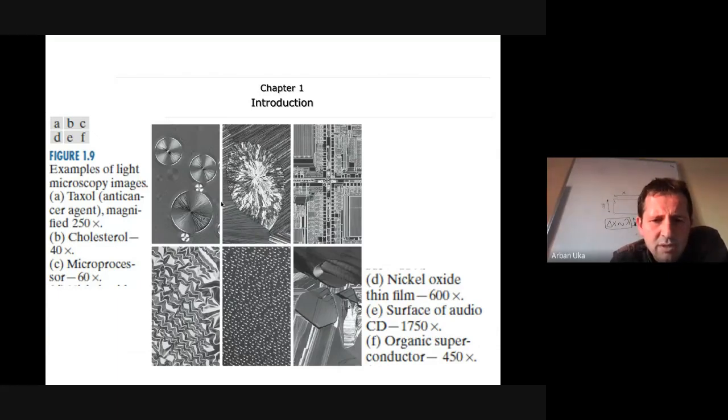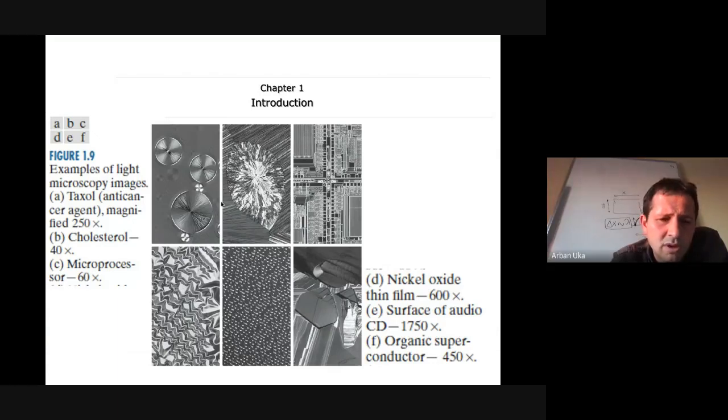We can use red light, but the red light is 800 nanometers. To improve the resolution, we can use blue light. We can buy LEDs that shine only in the blue regime, or let's say 400 nanometers.